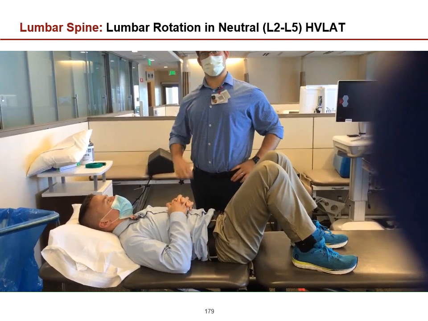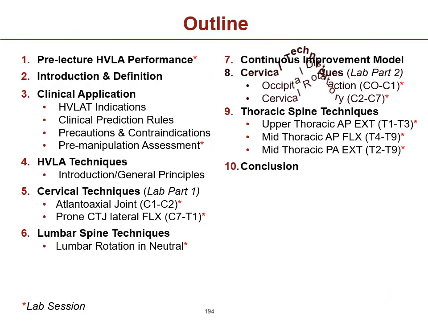So we're going to come back now to the cervical techniques, lab part 2, now that we've allowed our bodies to go through the refractory period, and we're now going to talk about the OA joint as well as the mid-cervical rotary technique.